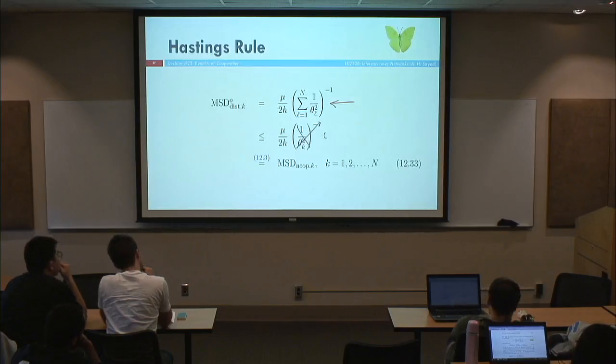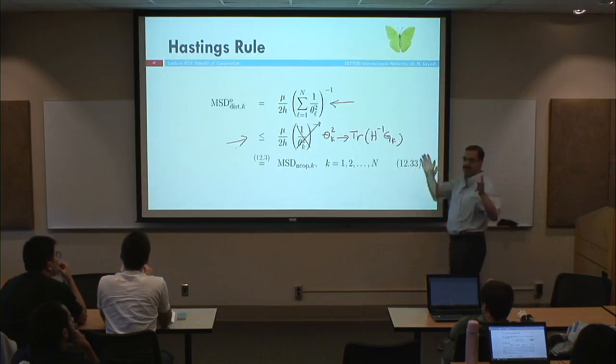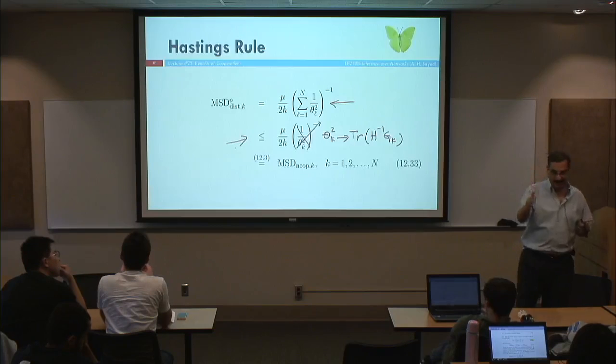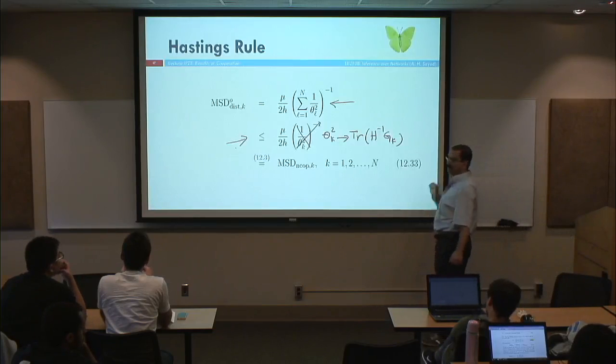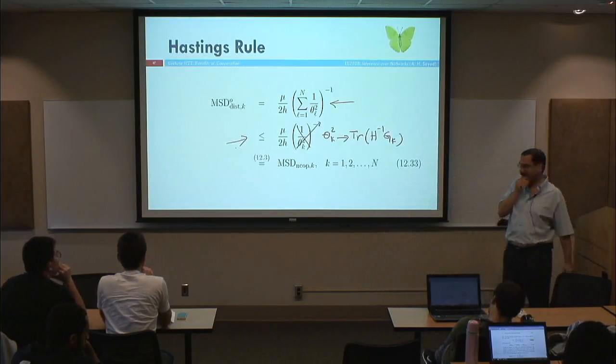This is simply theta, which is the trace of H inverse G_k. So you see, the Hastings rule ensures that not only is the network performing better than the centralized solution and better than the non-cooperative solution, but also better on an individual basis. Interesting, right?